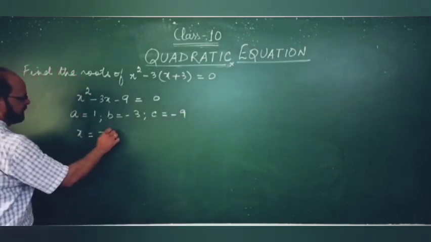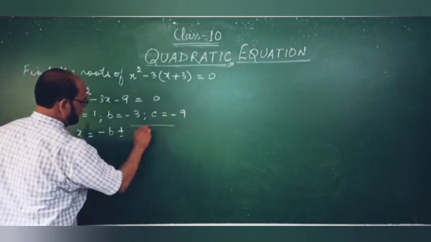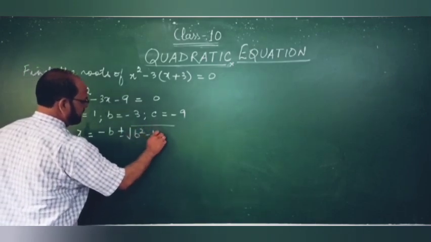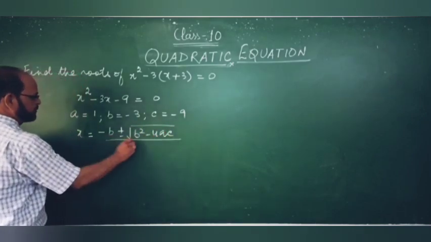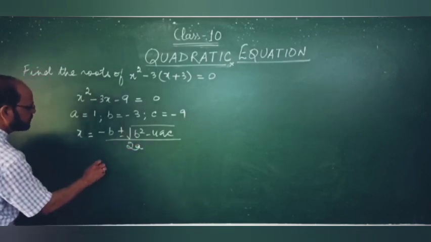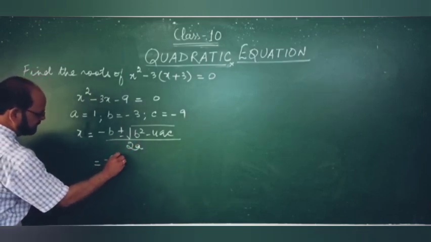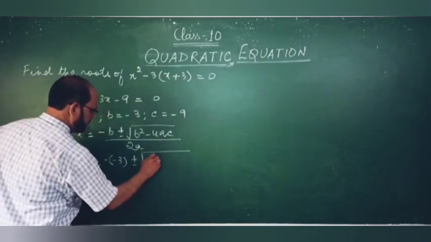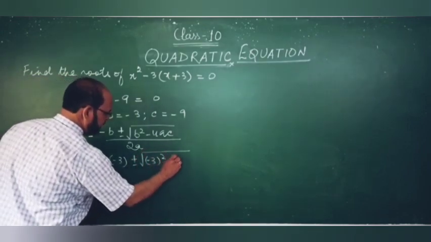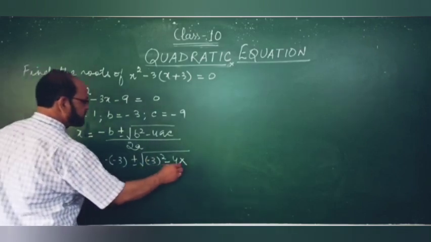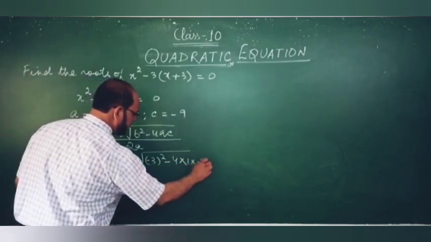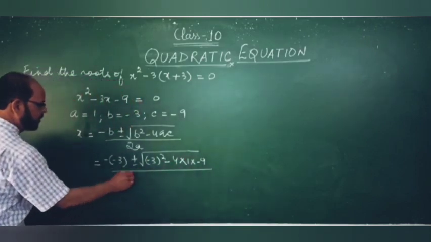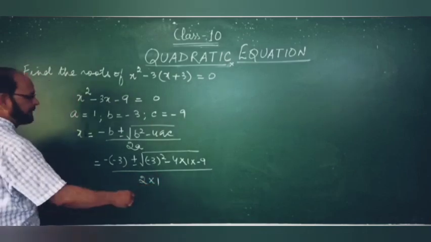Write quadratic formula, minus b plus minus under root b square minus 4ac upon 2a, and then you will put the values: minus and negative 3 plus minus negative 3 square minus 4 into a is 1 and c is negative 9, upon 2 into 1.